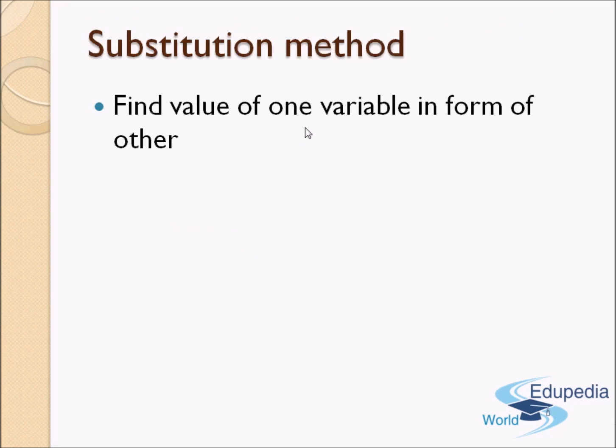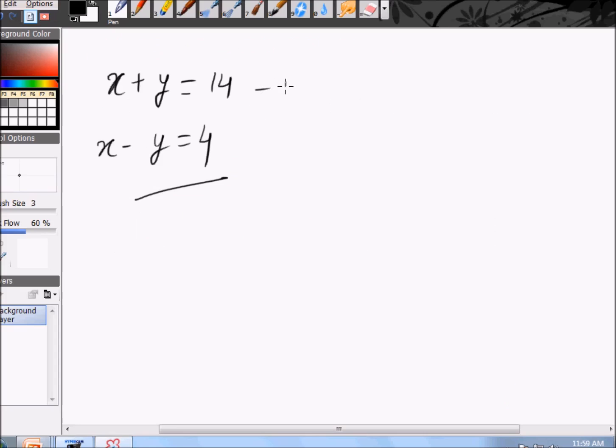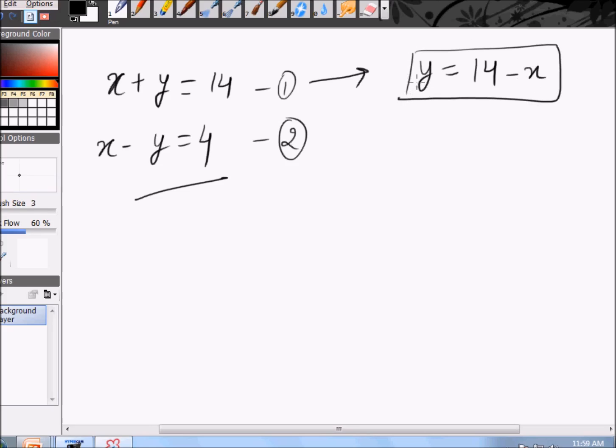The first step says find the value of one variable in the form of the other. That is, if we have named the two equations as 1 and 2, then from the first equation, y can be written as 14 minus x. Thus we have found the value of y in the form of the other variable.